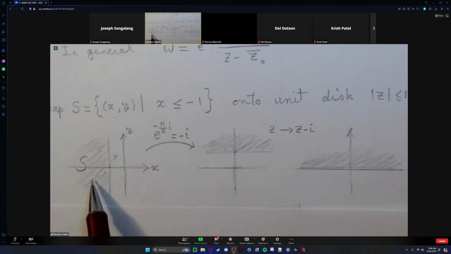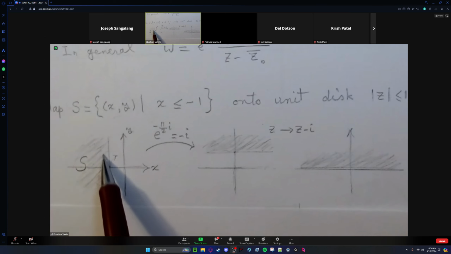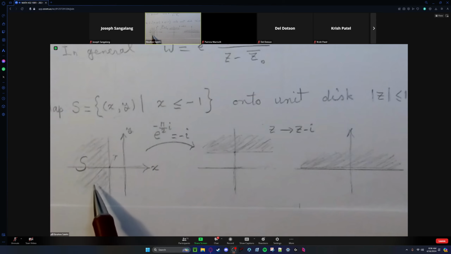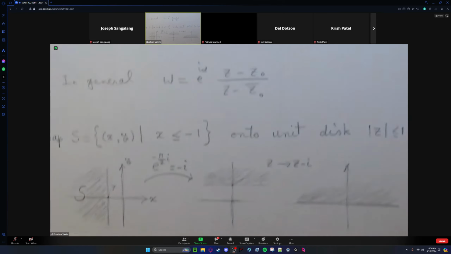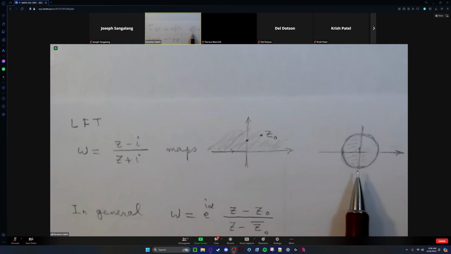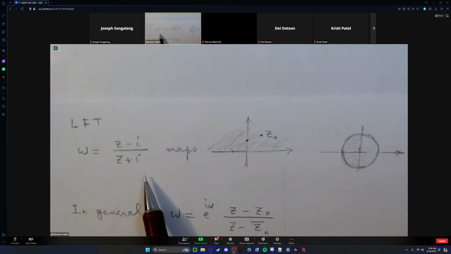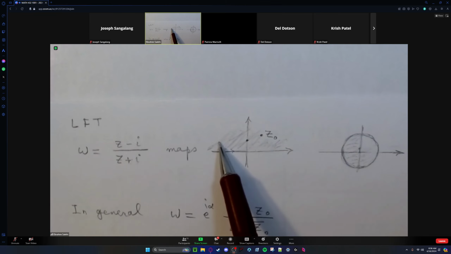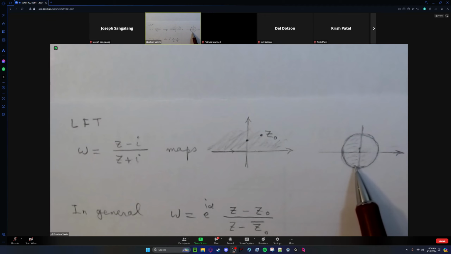This is S. Now, in order to map this one onto the unit circle, of course, we think of this thing, right? This is the map that sends the upper half plane into the unit disk.